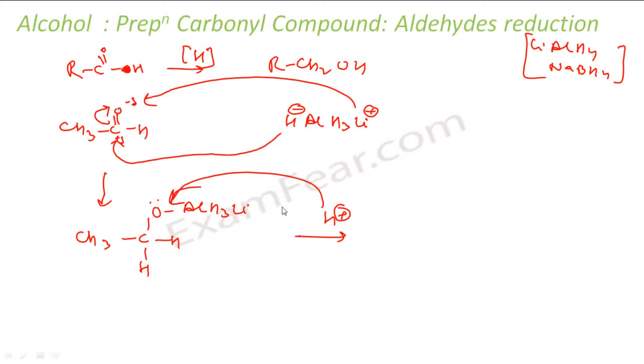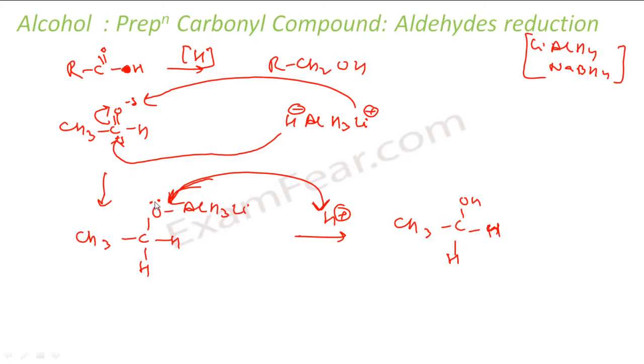Actually, this will attack H plus. That is how the reaction is, right? You show it in this fashion. The electron movement from here to here, correct? It has lone pair of electrons. The electrons move from O to H. So show in this direction. So it will become CH3CH2OH. Correct? Always show in the direction of movement of electrons.